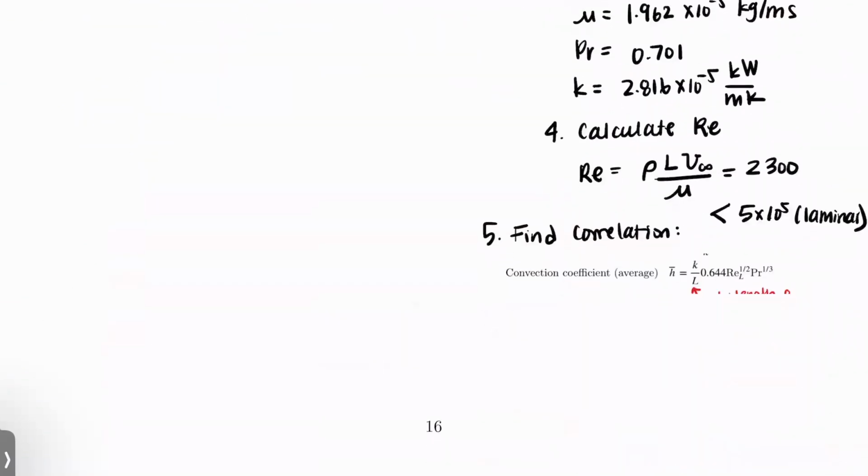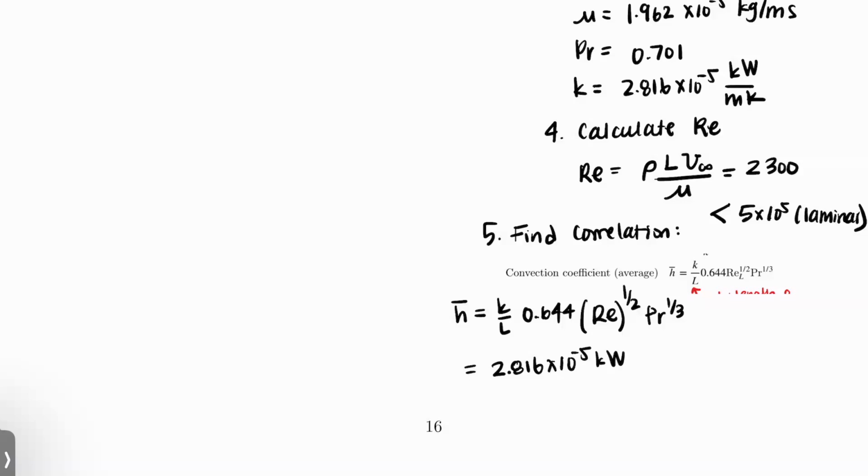Okay, so we have H bar is equal to k over L times 0.644 times our Reynolds number to the 1/2 times our Prandtl number to the 1/3. So we're going to plug all this information in. We have 2.816 times 10 to the -5 kilowatts per meter K. I need this in watts, so I'm going to make this not kilowatts anymore.